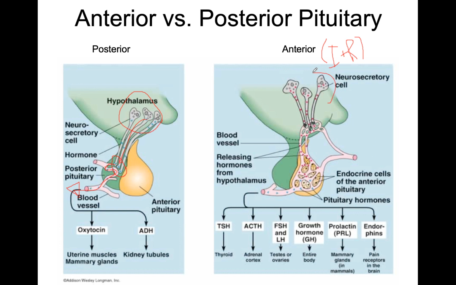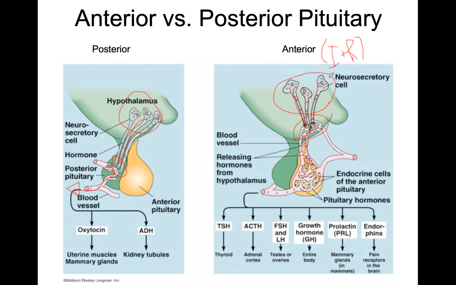Now this one is the one that's a little bit more complex. The hypothalamus will make either inhibiting hormones or releasing hormones. These hormones will get produced in the hypothalamus. They travel down into this first capillary bed. That inhibiting or releasing hormone goes into this capillary bed and travels down into the second capillary bed.